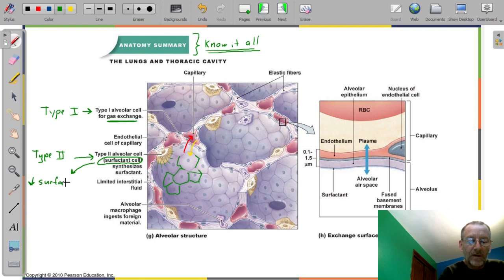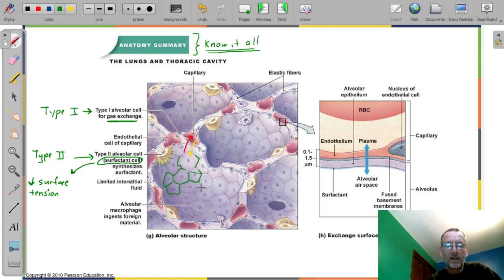If you remember from Biology 160, we looked at how water was basically sticky from the hydrogen bonds. And at this small scale, with these thin membranes of the alveoli, the membranes would tend to get stuck together, just like two pieces of plastic bag that get stuck together when they have water between them.